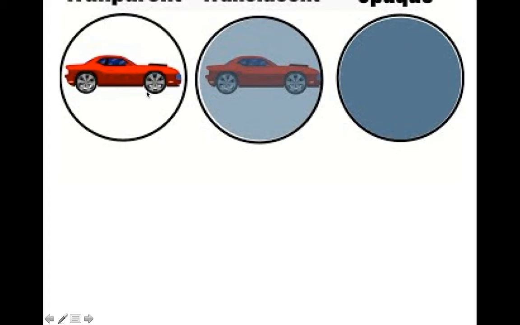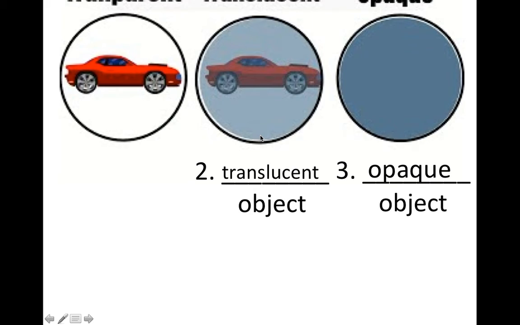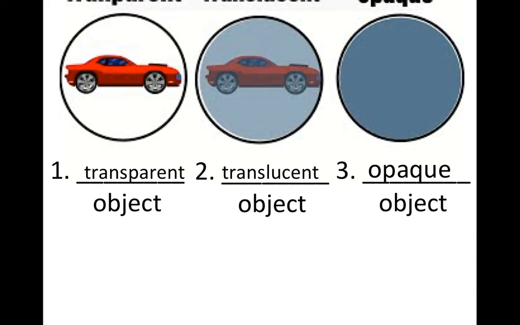Again, let's look at our three options. Number 3 is opaque. It's an opaque object. Number 2, some light goes through. We say translucent. And number 1, only one option left, transparent.